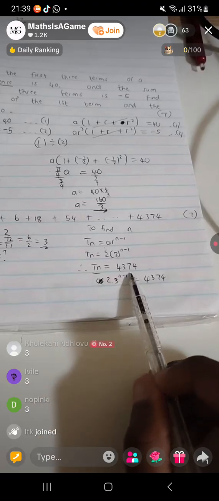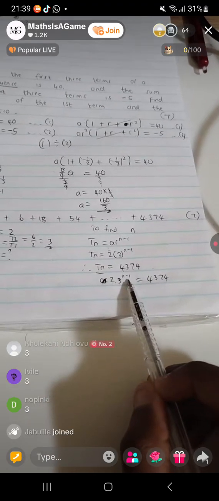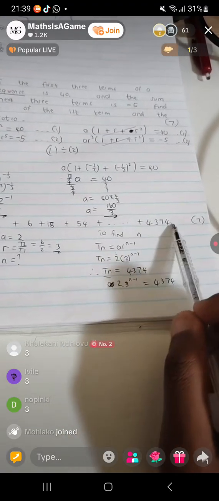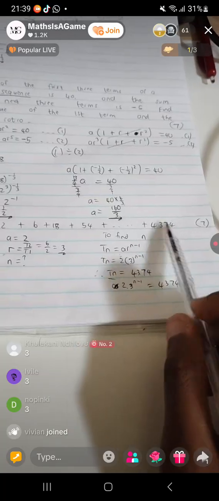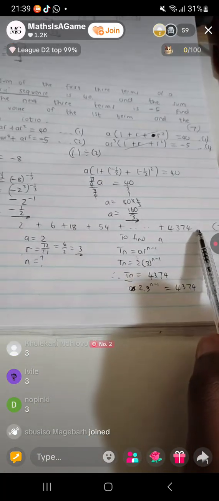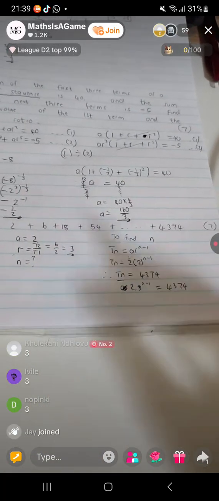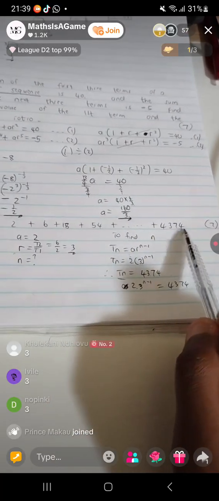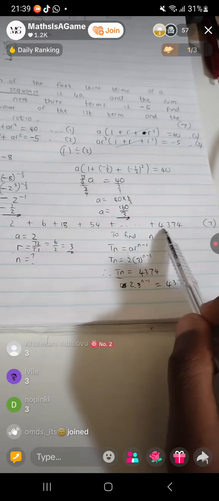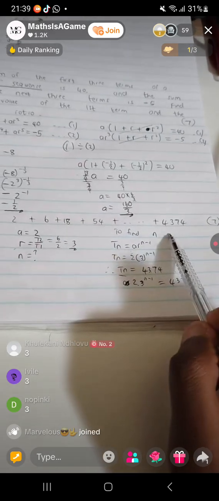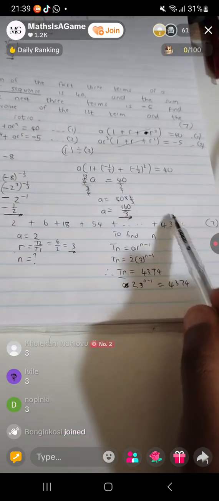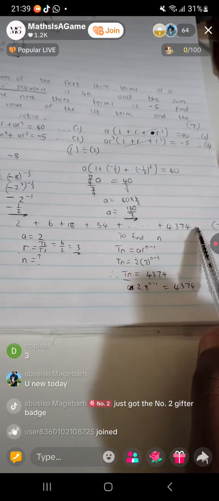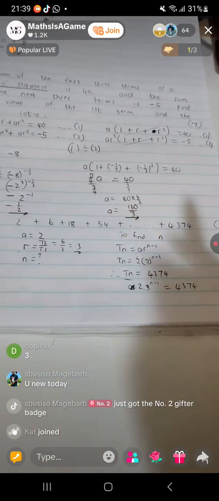If we can find the value of n, of course, that will mean we will know that if, for instance, we find out this is the 50th term, then in total we have 50 terms. If we find out that n is 17, because remember that n will indicate the position of the last term, then we have 17 terms. If n is equal to 12, that means the number of terms we have here is 12.